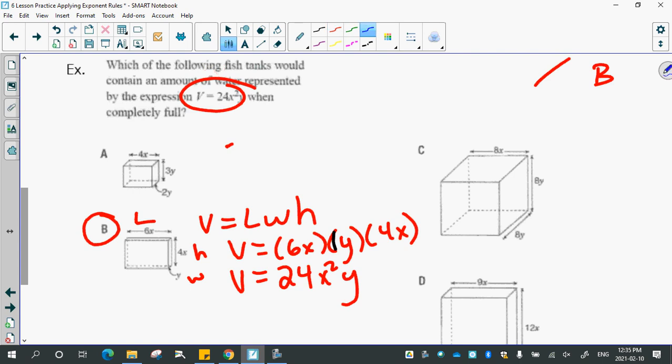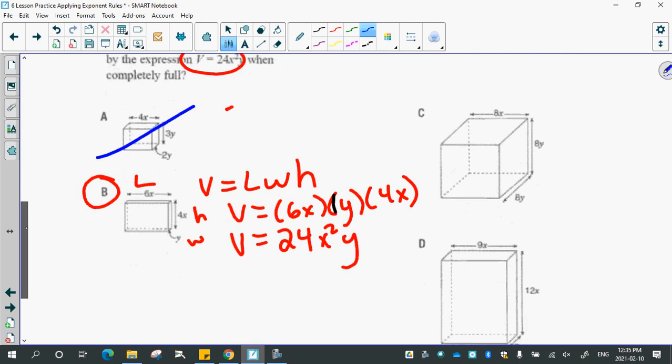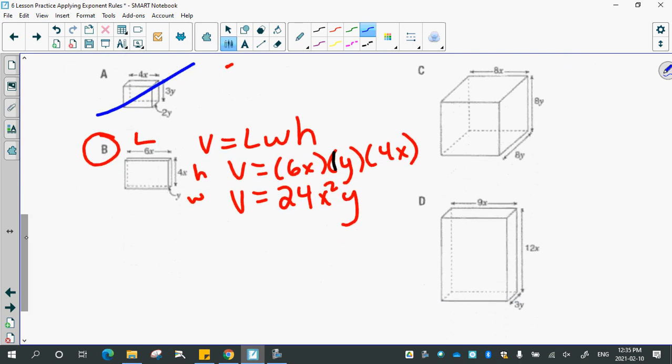Oh, nice. You knew when you multiply 3y by 2y, you get a y squared, and you can't have a y squared, so you eliminated that one rather than finding the entire volume. That's a great idea. Then it was between B and D, and you could figure out the volume of those two. Great idea.